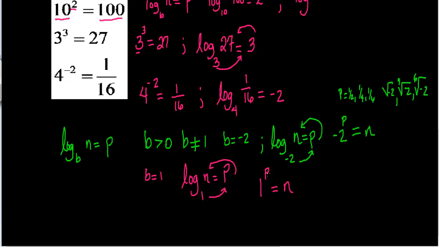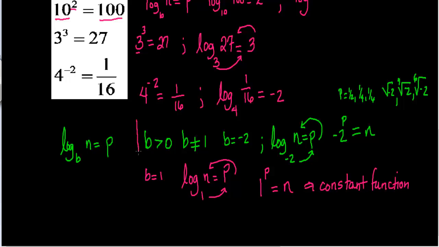Whenever p is 1, then this is equal to 1. When p is 2, this is still equal to 1. When p is 3, still equal to 1. When p is 1,000, that's 1 times 1 times 1, 1,000 times, it's still equal to 1. So this becomes a constant function. Therefore, I lose my exponential function. That's why b cannot be 1.